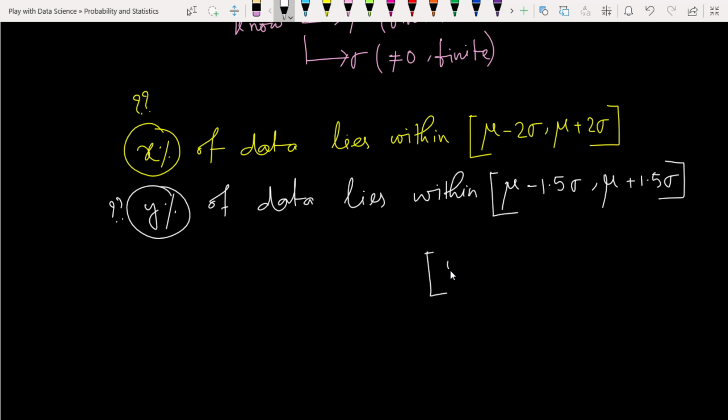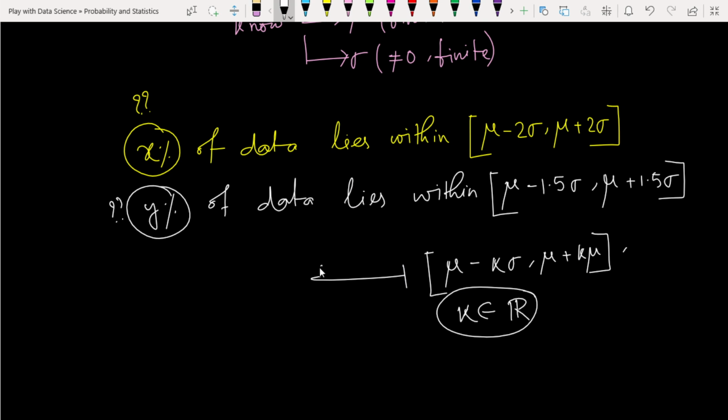Suppose the range is mu minus k sigma to mu plus k sigma, where k may be any real number.